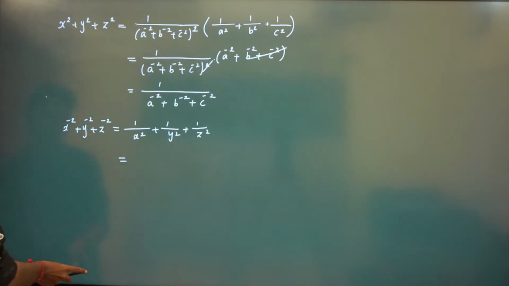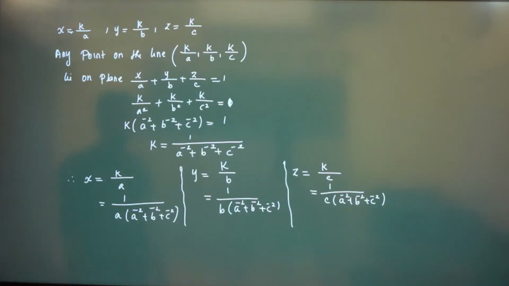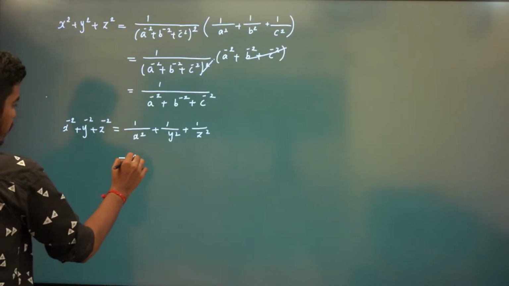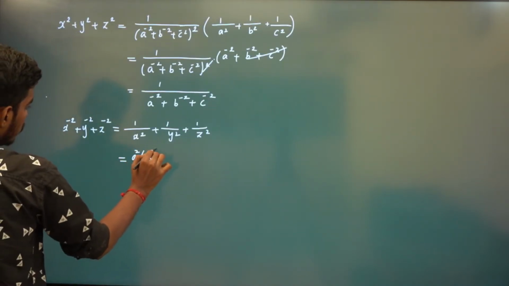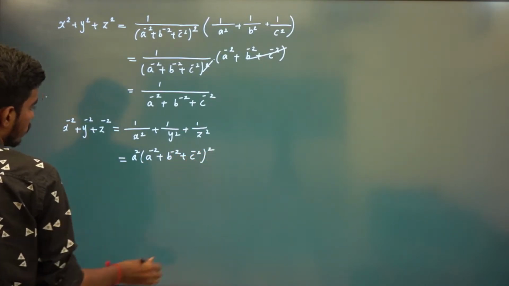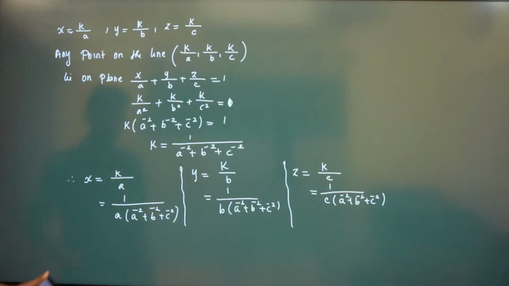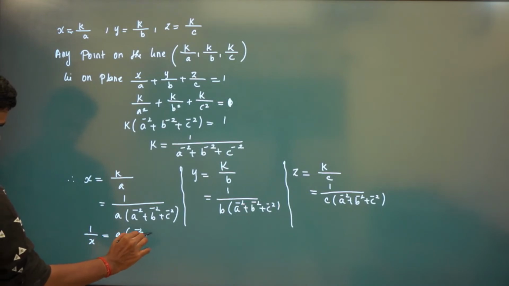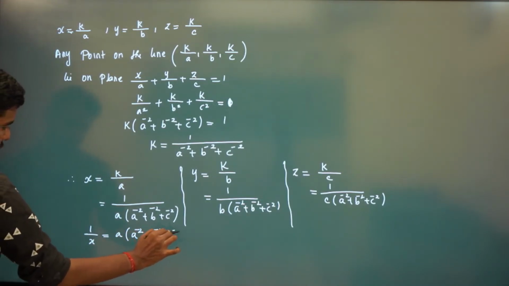So what about 1 by x square? So 1 by x square will be, this will get reciprocated, right? So 1 by x will be this, so square, so you will have a square into a power minus 2, b power minus 2, c power minus 2 whole square. See, 1 by x will be a into a power minus 2, b power minus 2, c power minus 2.